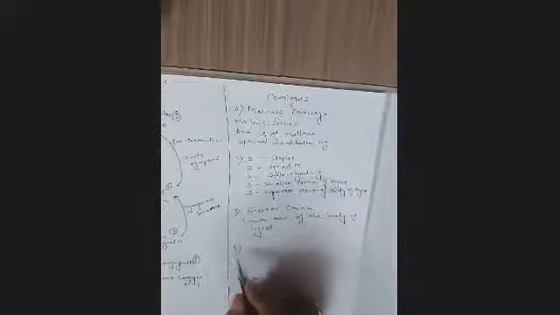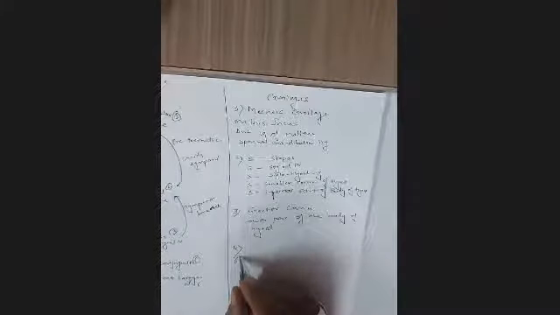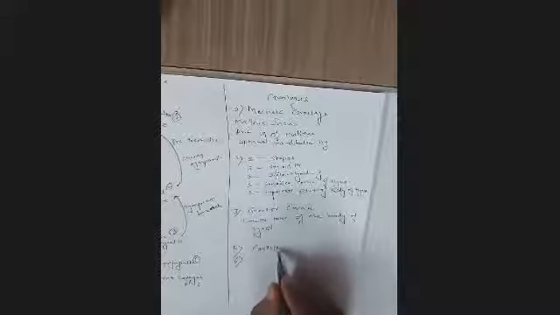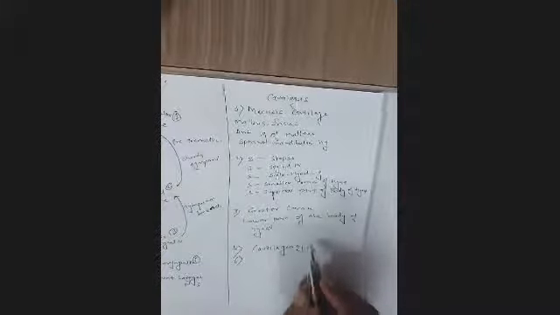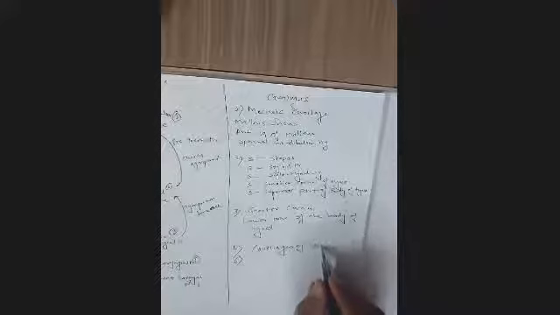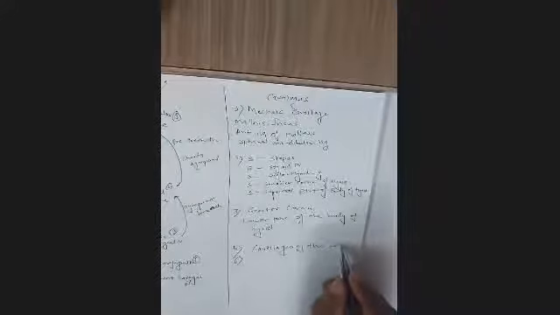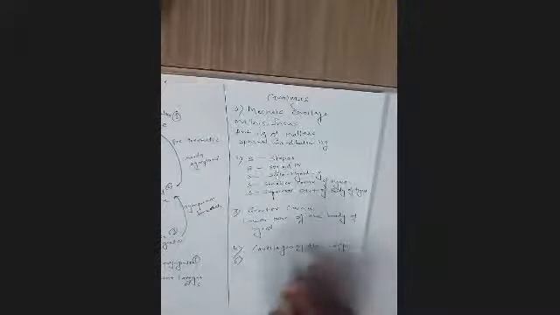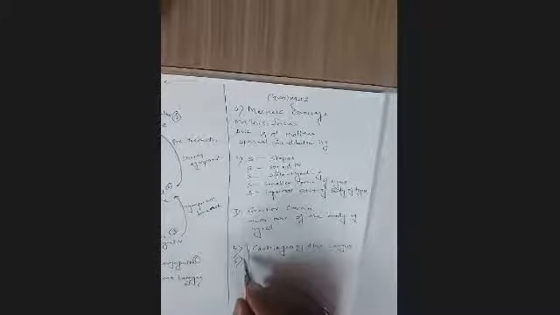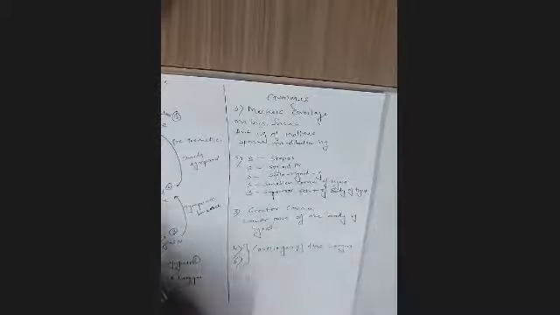Okay. And the fourth and the sixth arch together will give rise to the cartilages of the larynx. The fifth arch as such doesn't contribute to the cartilages of the larynx.